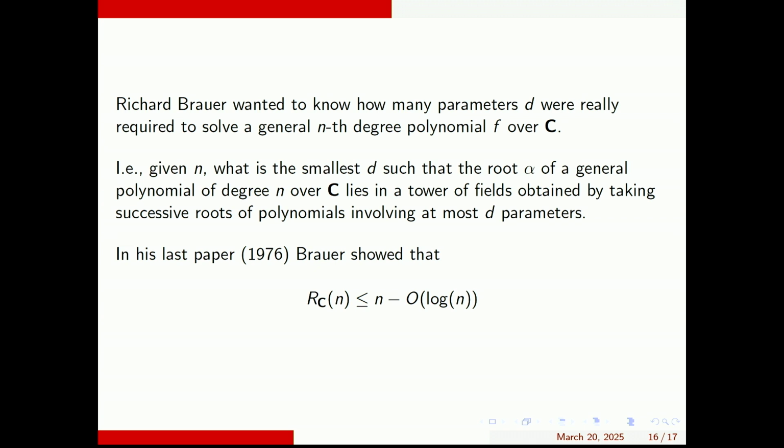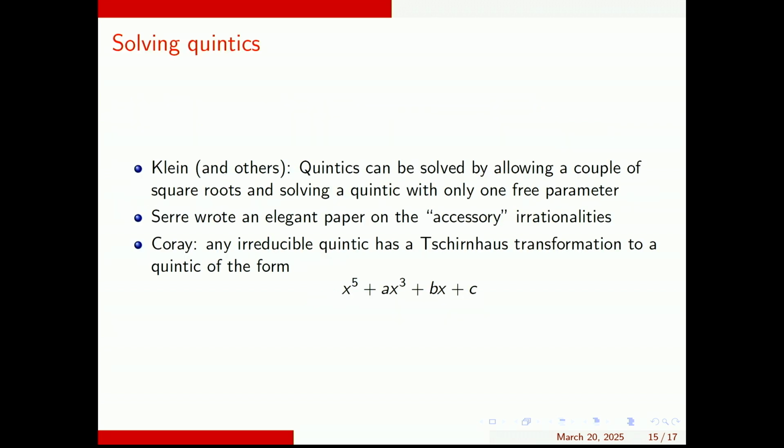In any event, Brouwer's last paper, which he finished in that room, was the following question. And maybe I want to go back here and say that the first 2 bullets are pushing towards the question of if you're going to allow yourself k-parameter polynomials for free. In other words, you can adjoin the root of an algebraic function that depends on k variables, but you can do it many times.